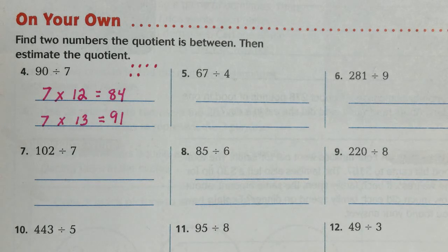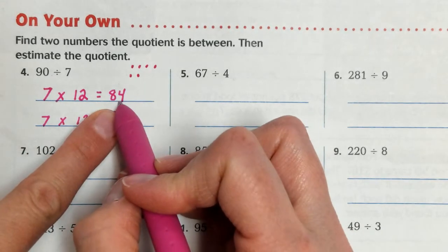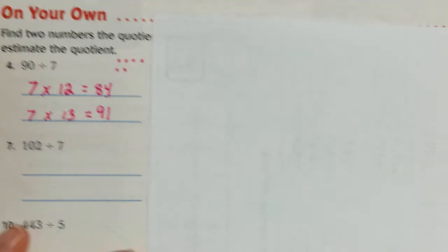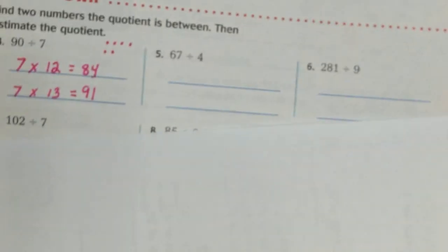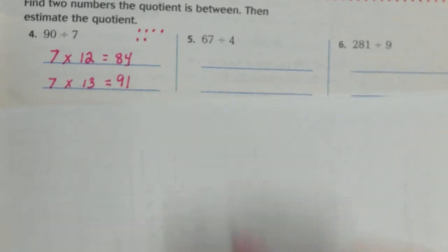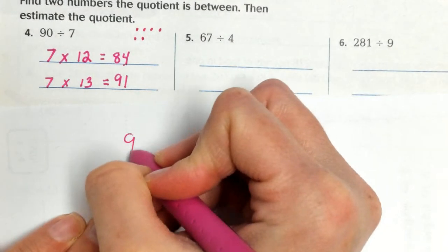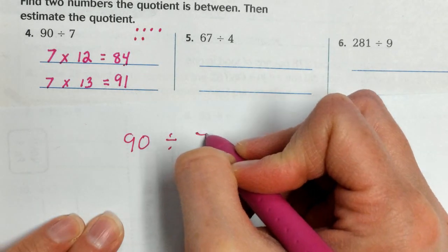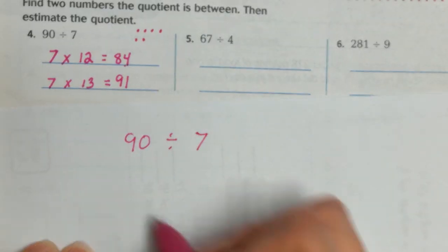I have 6 left, right? Because this is 84. If you'll just wait, just wait. All right, if I have 90 and I want to divide it into 7 groups, right?